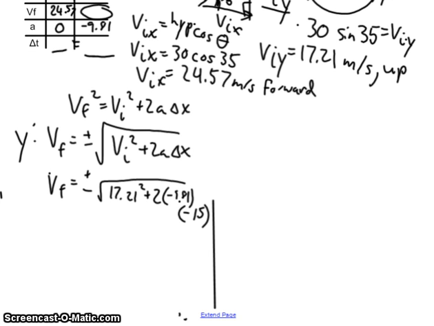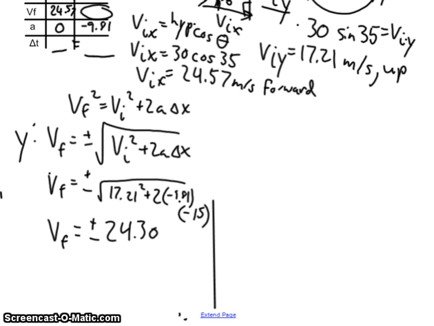Okay? When we do this, we get a final velocity of positive or negative 24.30 approximately.